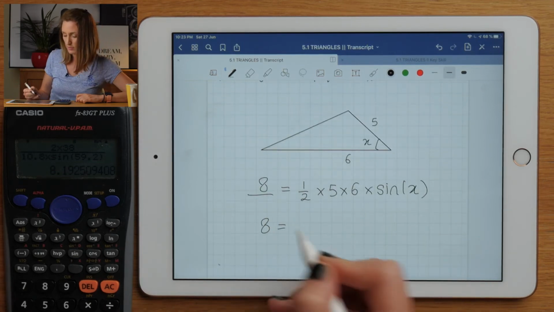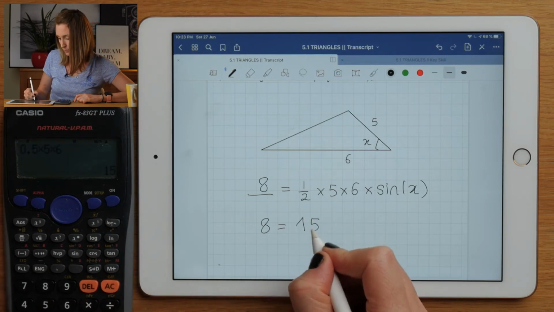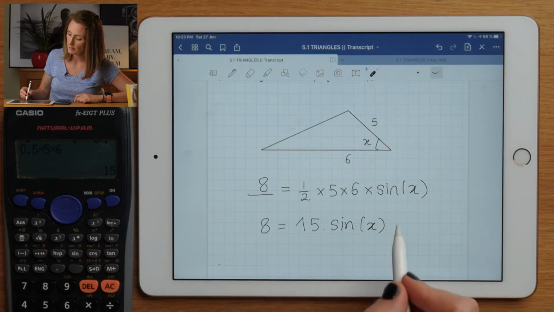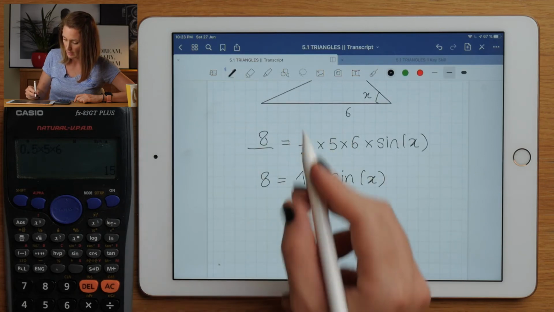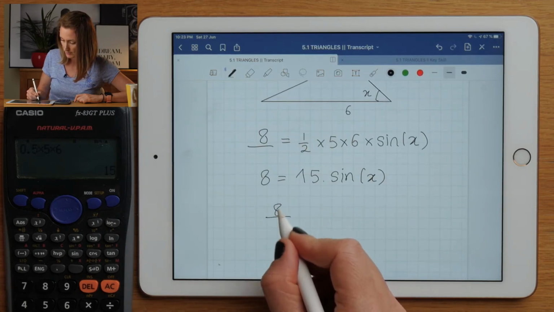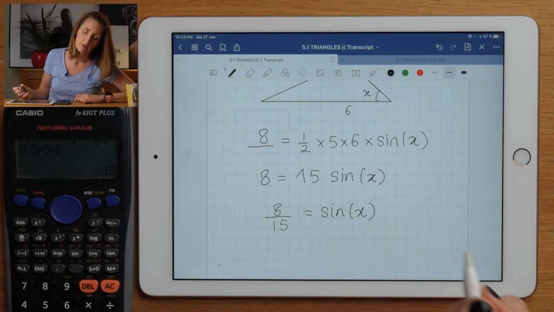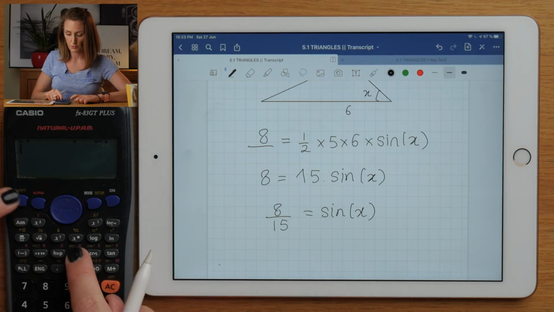So I always simplify before I move things. So you can do a half times 5 times 6. You don't need to do your calculator, but if you want, you can. So that would be 15 sine x. Now here I'm going to make sine x the subject by moving this times by 15 to the other side to a divide by 15. To go from sine x to angle x, remember we need to use shift or arc sine.